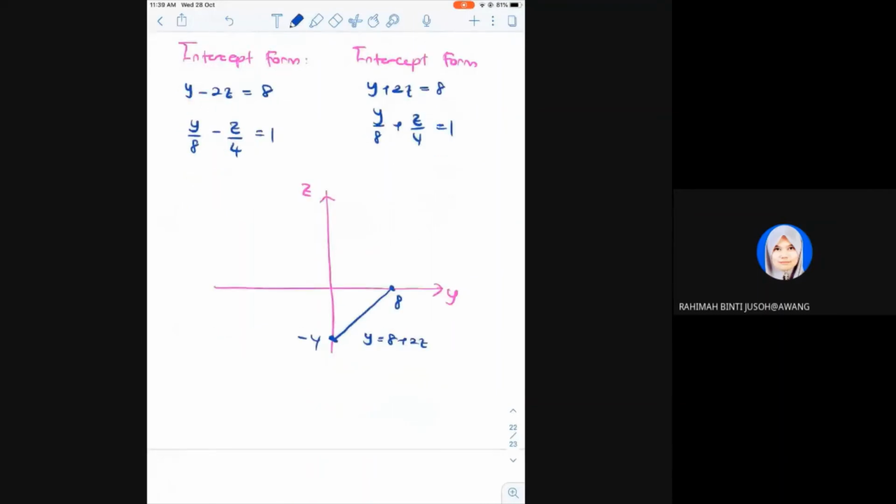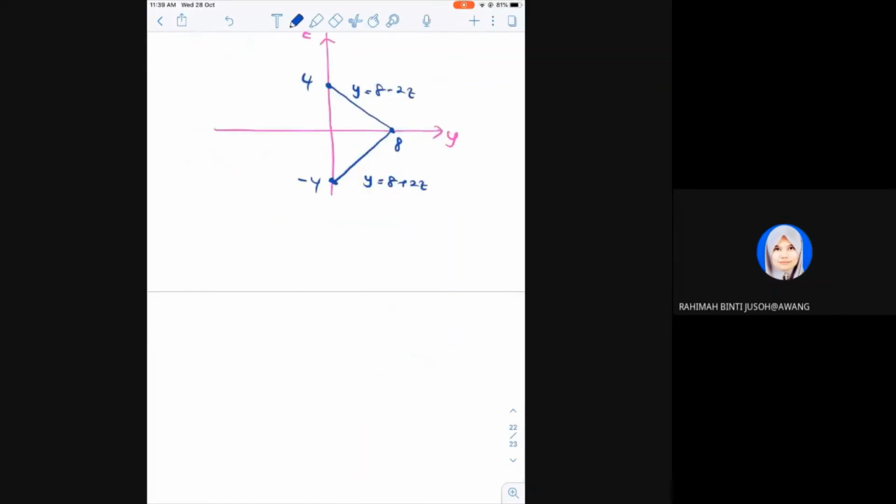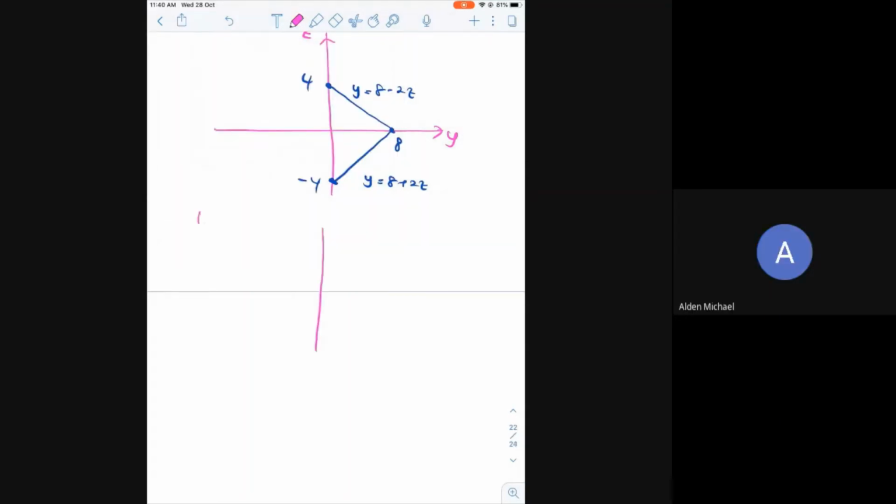So positive here 4. So this way. This is y equals to 8 minus 2z. So dah boleh imagine tak cone you macam mana? Boleh imagine tak 3D dia macam mana? Yes. Kan dah senang tu.